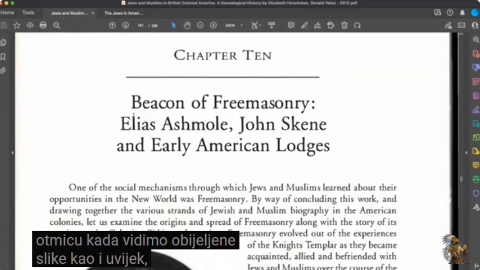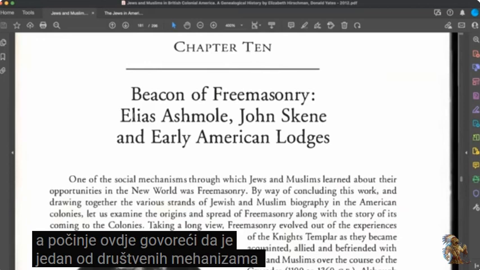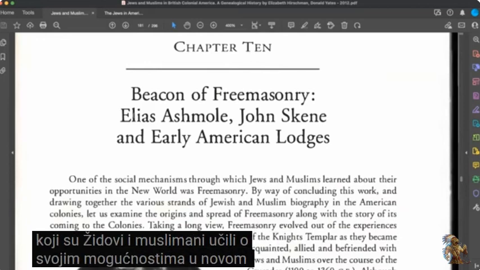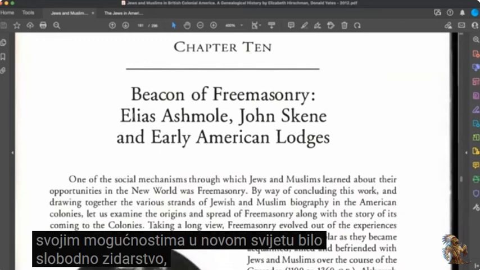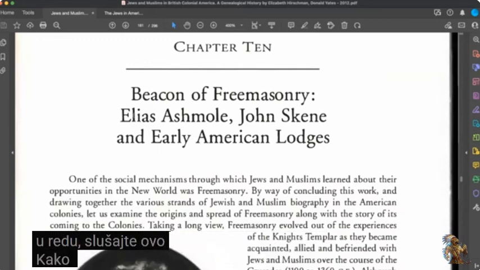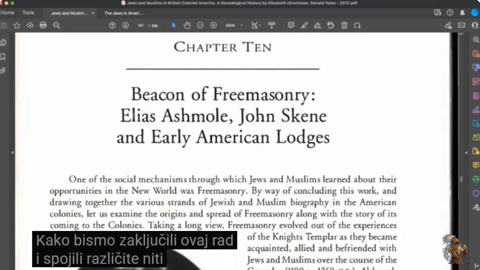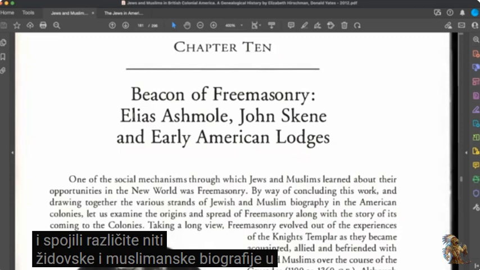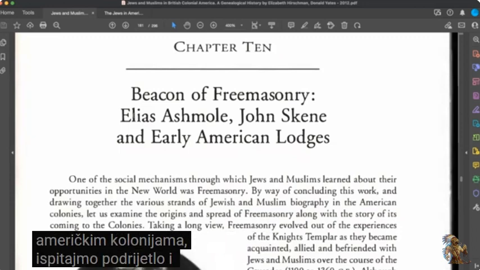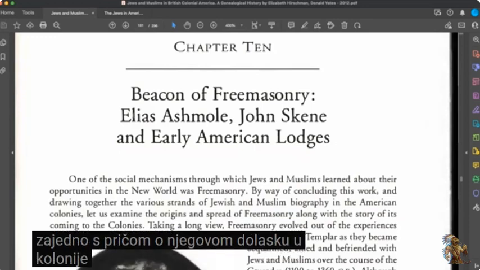And it starts here saying, one of the social mechanisms through which Jews and Muslims learned about their opportunities in the New World was Freemasonry. Okay, listen to this. By way of concluding this work and drawing together the various strands of Jewish and Muslim biography in the American colonies, let us examine the origins and spread of Freemasonry, along with the story of its coming to the colonies.